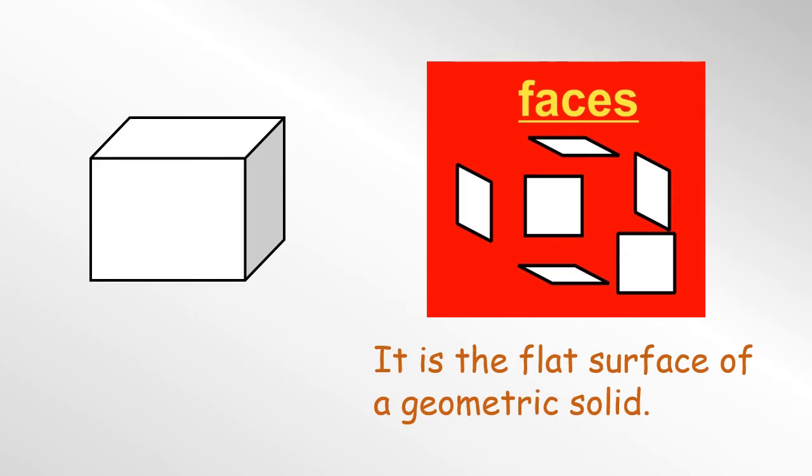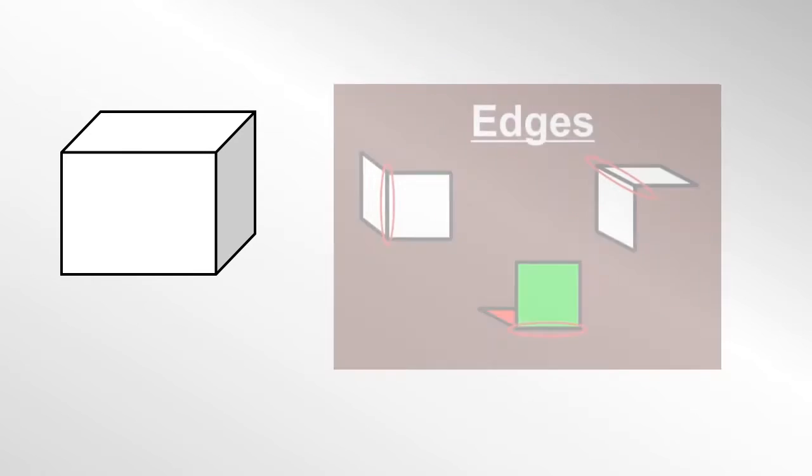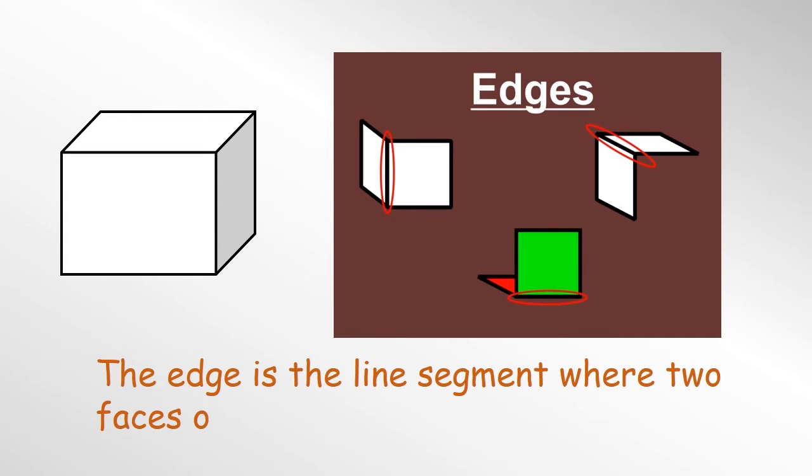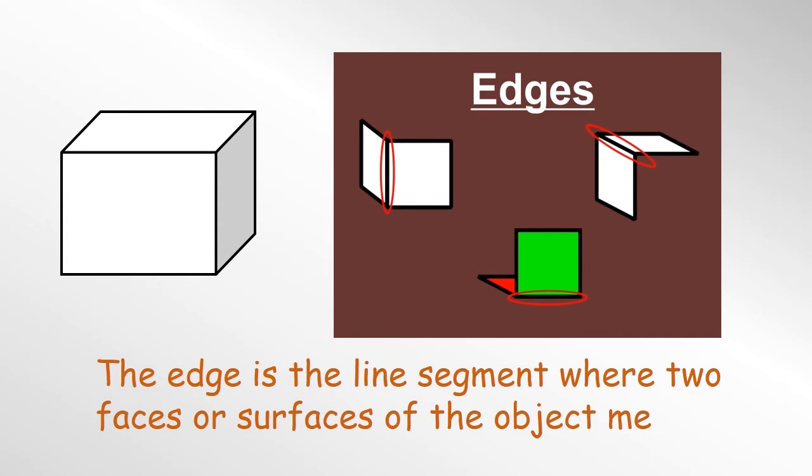The keywords here are flat and surface. Edge. The edge of a solid is the line segment that defines the meeting place of two faces or surfaces. A solid which does not have a face cannot have edges.